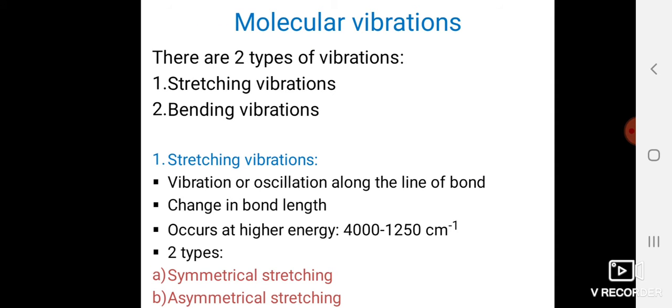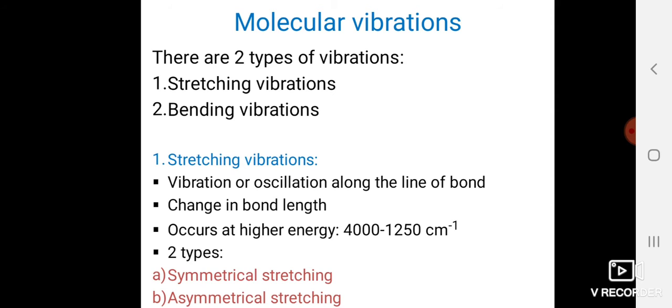Molecular vibrations are of two types: stretching vibration and bending vibration. Stretching vibration is oscillation along the line of the bond, within the same angle, in the same symmetry, and the bond gets stretched.